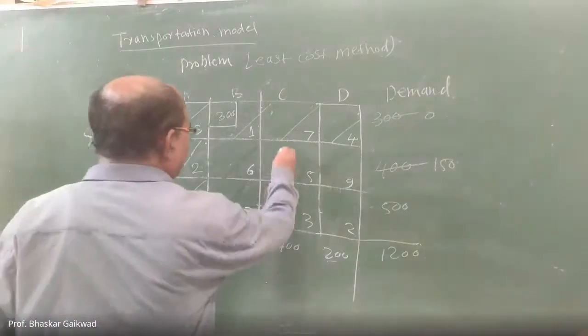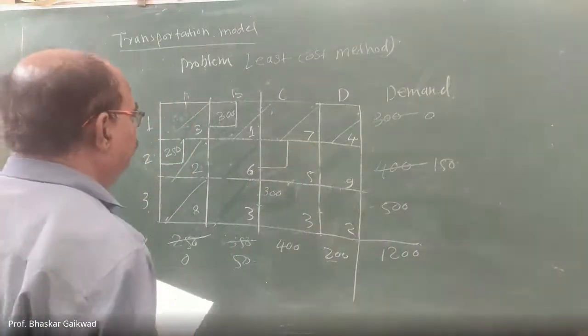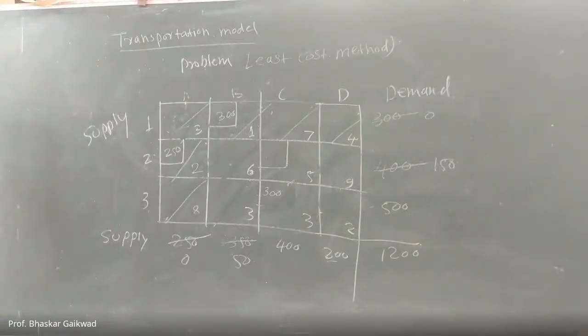We can allocate like this way. In the second row, 6, 5, and 9.